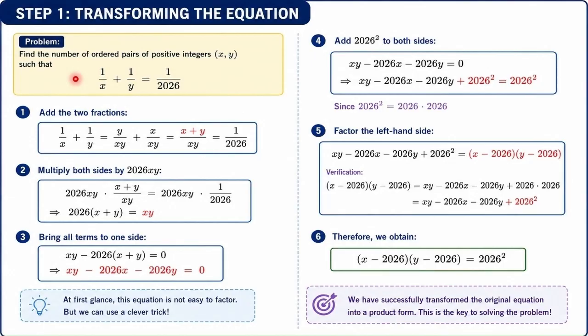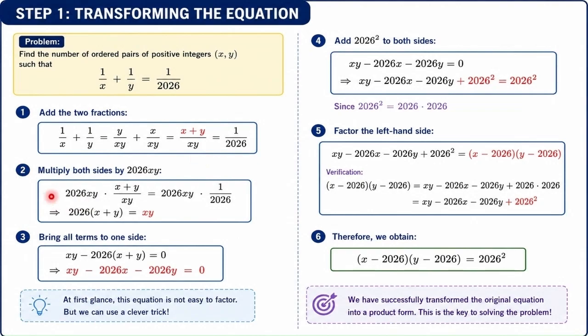First, we add the two fractions on the left-hand side. We get (x plus y) over (x times y) equals 1 over 2026. Now multiply both sides by 2026 times x times y.